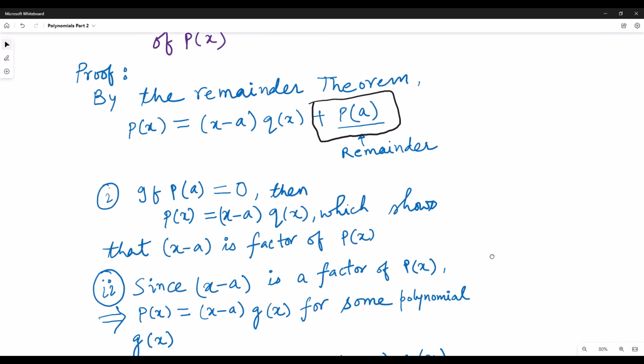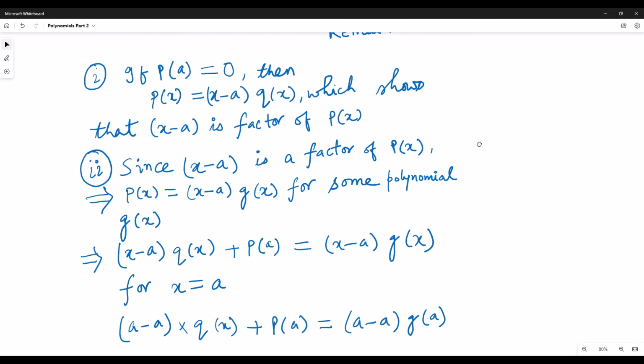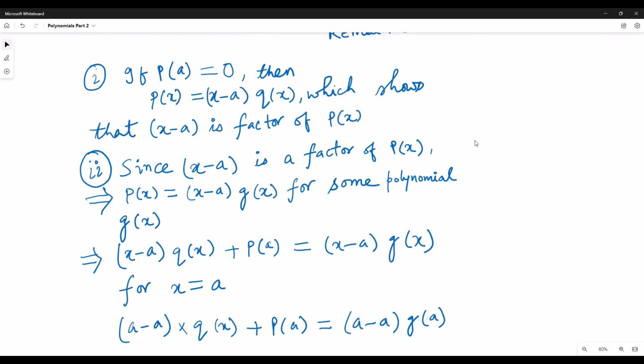The second statement: since x minus a is a factor of p(x), the remainder has to be 0, right? Since x minus a is a factor of p(x), we can write p(x) as (x minus a) into g(x), some other function g(x). So (x minus a) into q(x), that is quotient, plus p(a), that is remainder, equals (x minus a) into g(x), right?